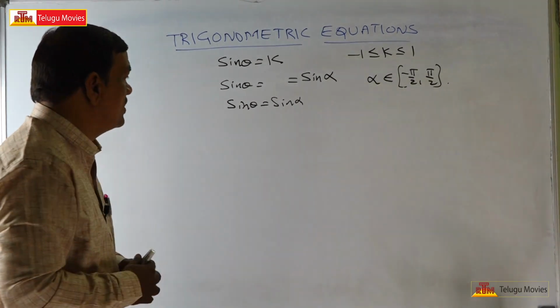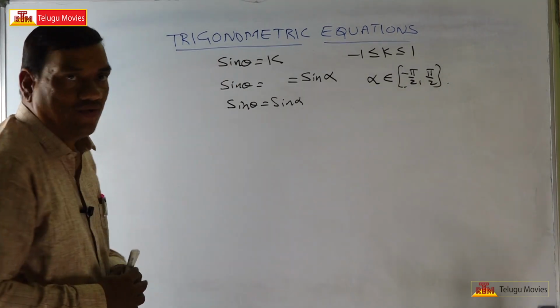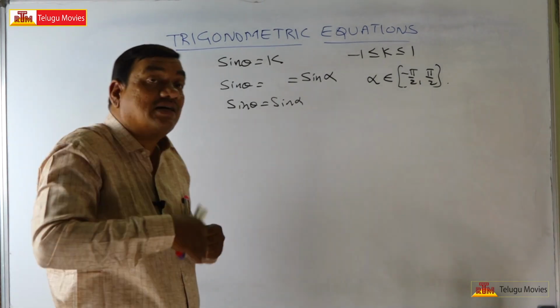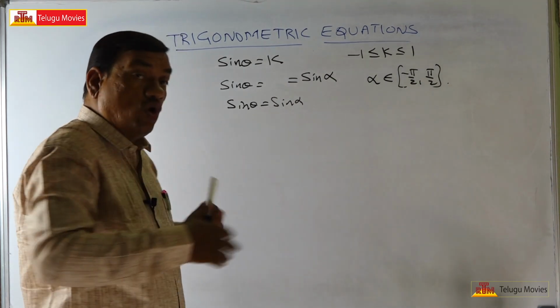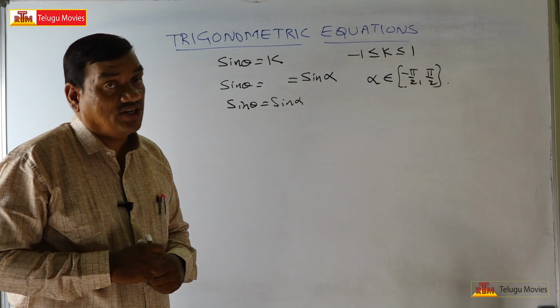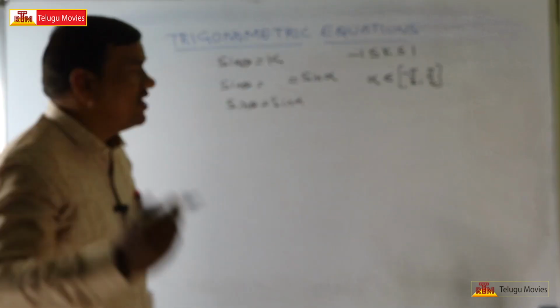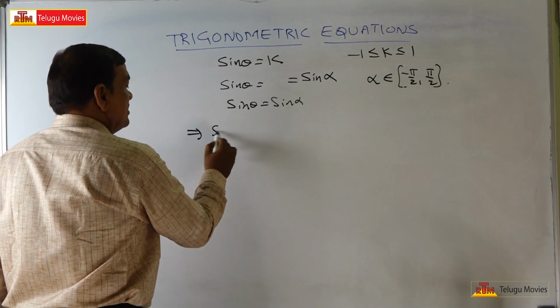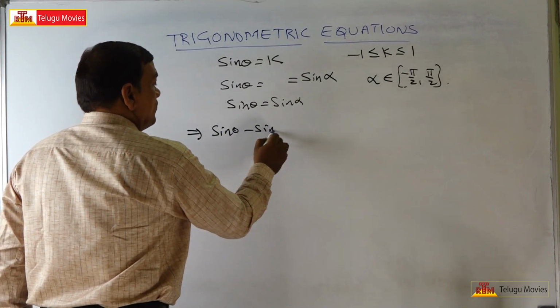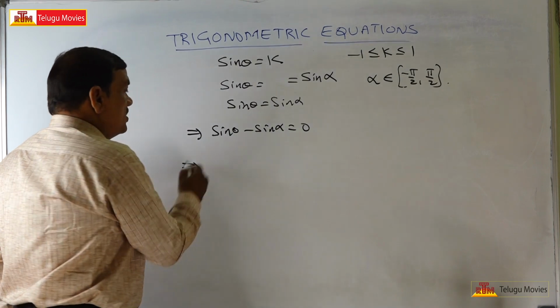Then how to find theta in terms of alpha? Let us see that. Now you go back to the trigonometric functions and transformation formulas. This calculation is a very easy one. So let us take sin theta minus sin alpha is equal to 0. Understand?